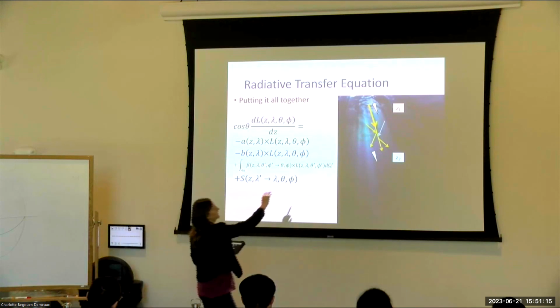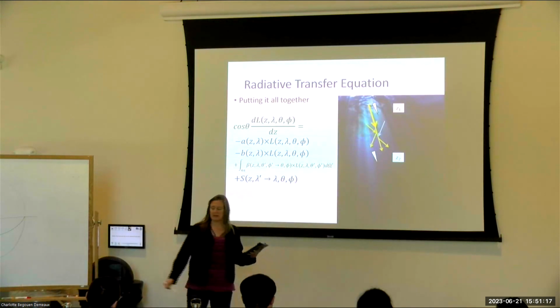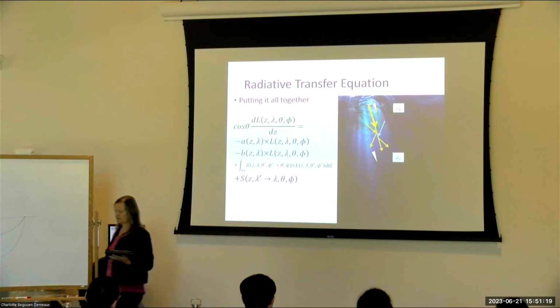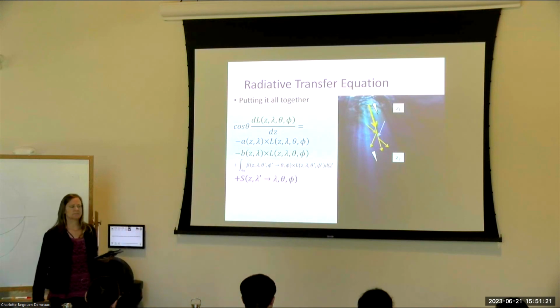And you can sketch it like that, right? Loss due to absorption, gain due to scattering, loss due to scattering, gain due to fluorescence.